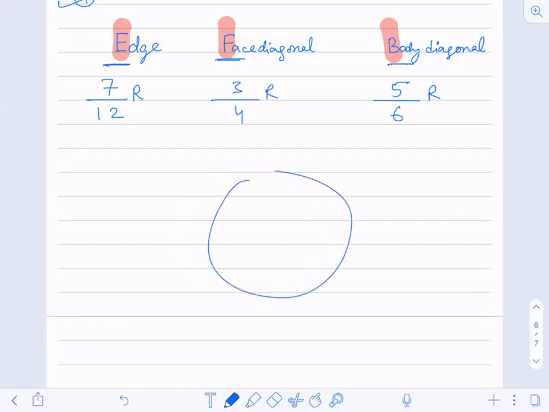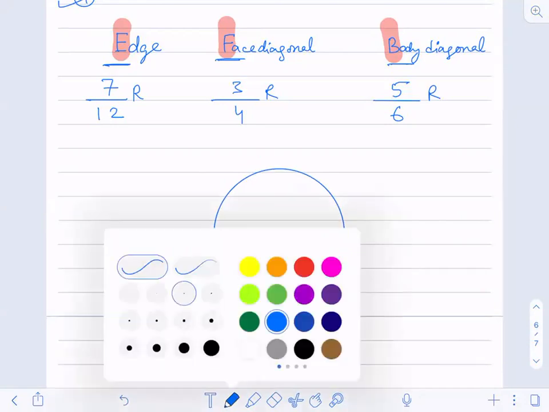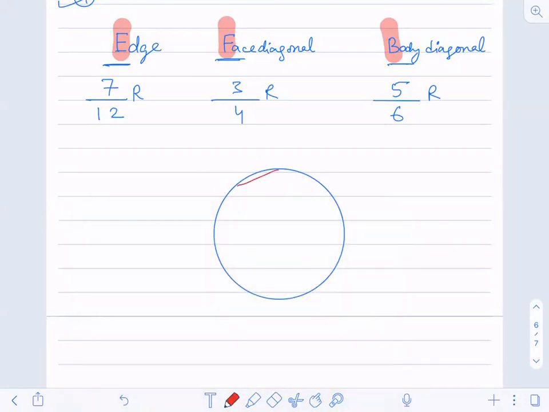Okay, so suppose this is a circle. If I draw polygon into it, it will be somewhat like this. Equivalent resistance, okay, here.